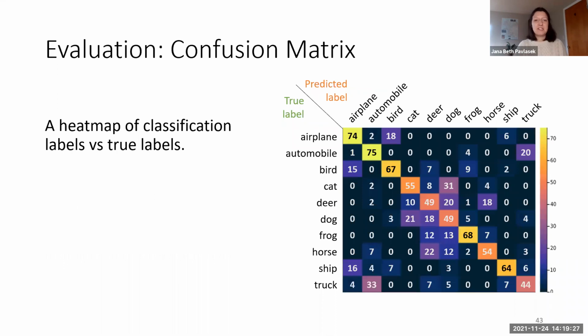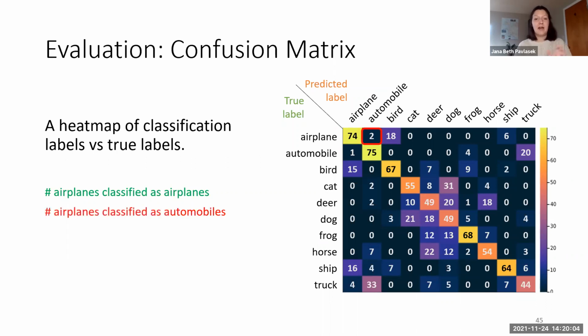A slightly more realistic looking classifier might look something like this. This is an imaginary example that I made up, but I had 100 images in each of the categories. Along the rows are each of my true categories, and along the columns are what they were predicted as. In the top left corner here, I had 74 of my 100 airplanes classified as airplanes.